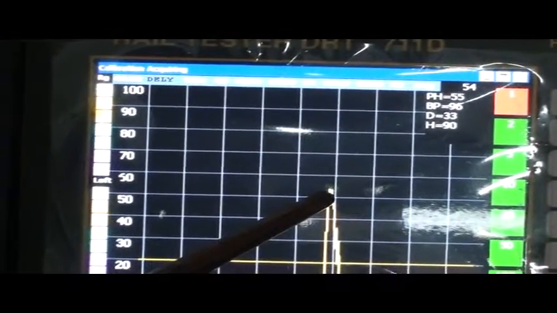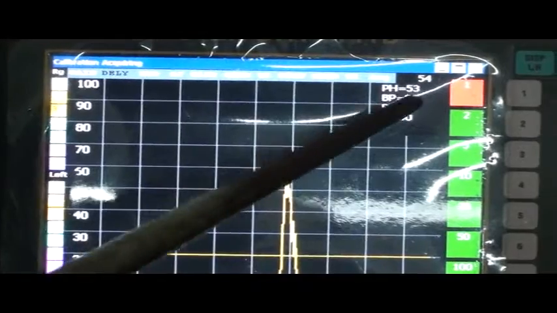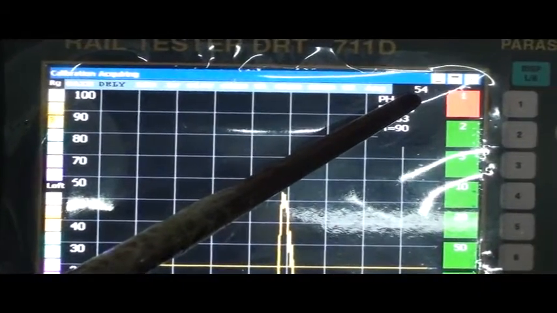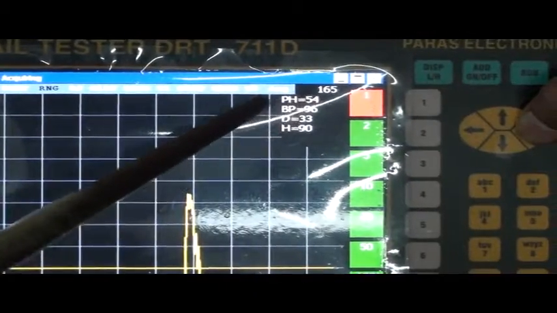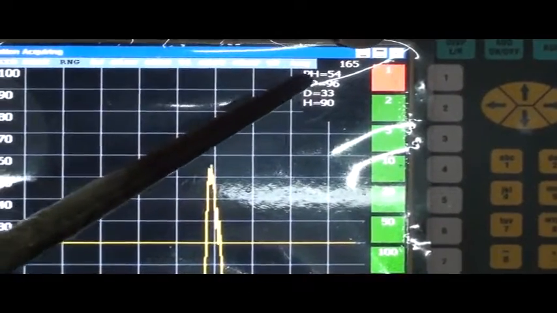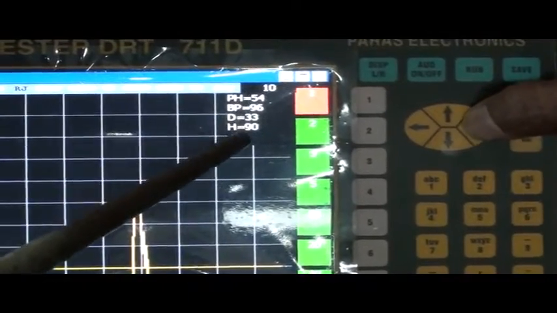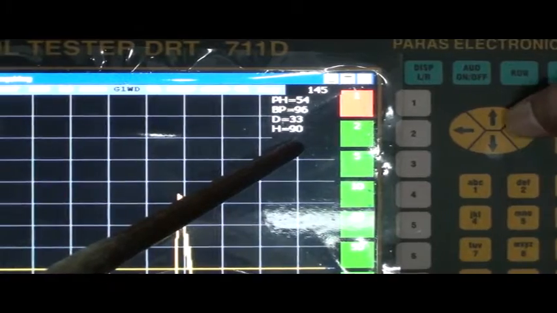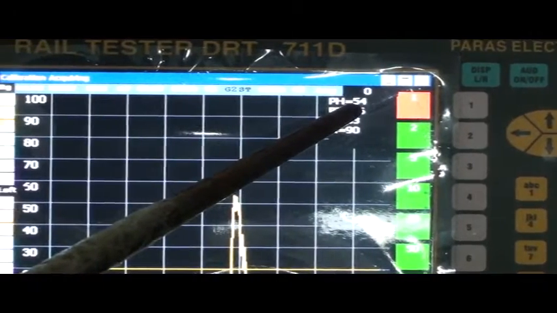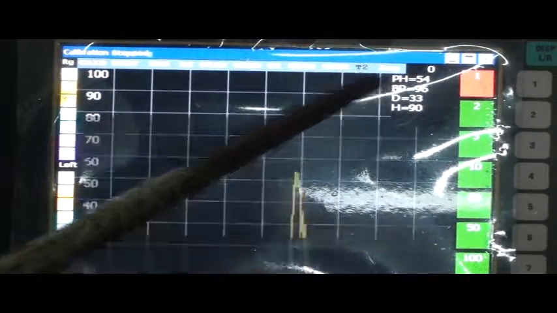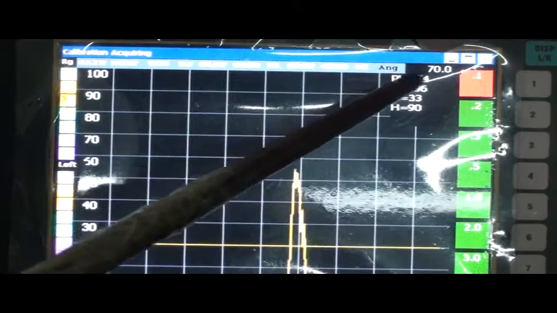First we have to feed the values for this 70 degree probe. This is the range; for 70 degree we have to take 165. This is a 70 degree probe, so the angle should be 70. This is the angle.